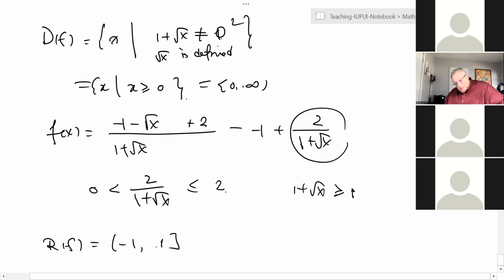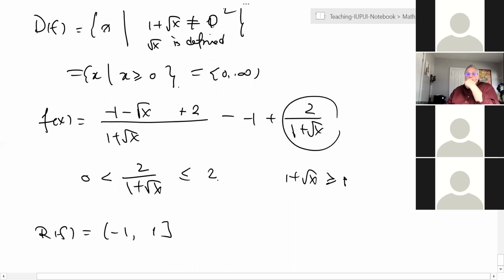And it can be 1 when x equals 0, since -1 plus 2 is 1. So this is the range of the function. It's not easy to find the range, but it's easy to find the domain.